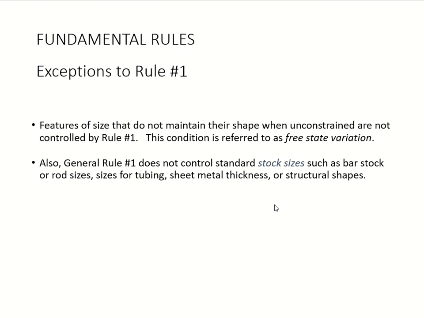The shape is going to be different. Since they don't maintain their shape, they're not controlled by Rule 1. And Rule 1 controls the individual feature, but it doesn't control stock sizes, like your bar stock or rod sizes, or tubing, sheet metal thickness, or structural shapes at all.